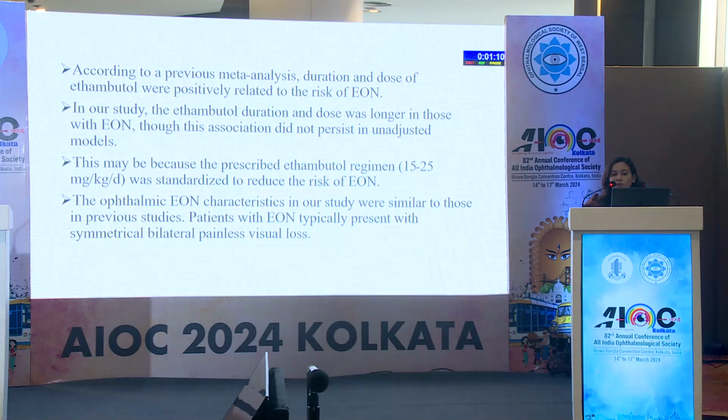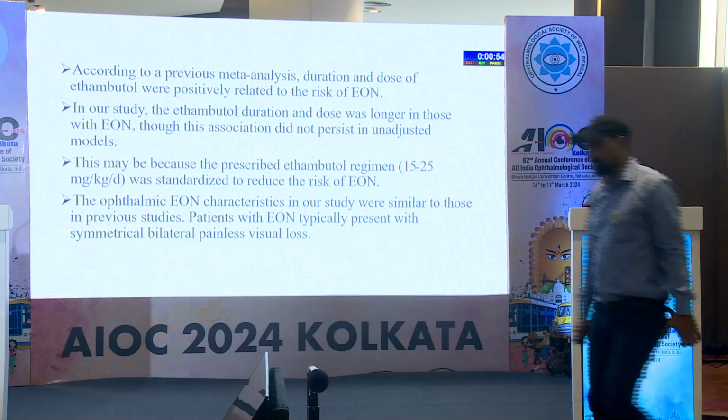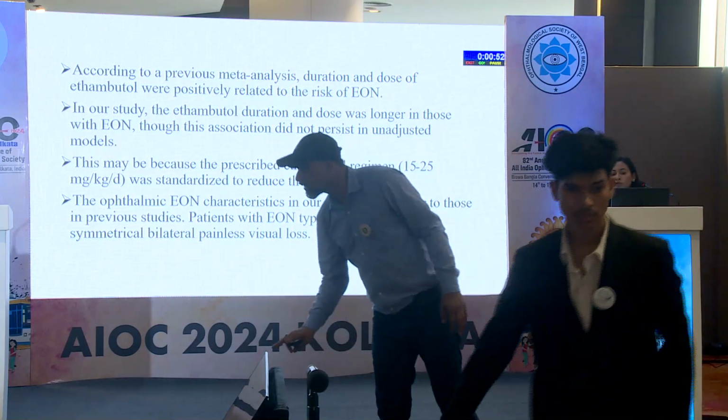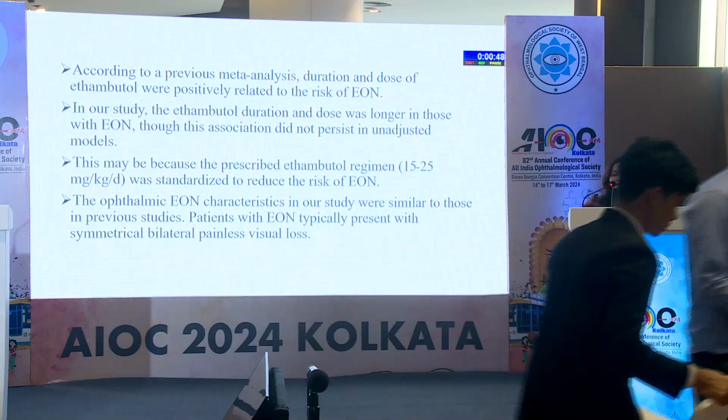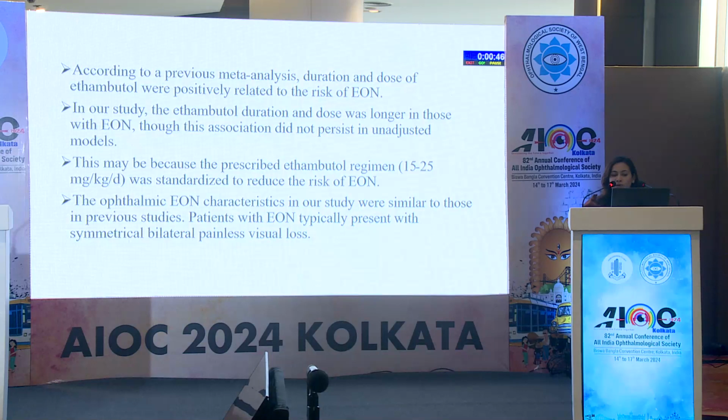According to a previous meta-analysis, duration and dose of ethambutol were correlated with the risk of ethambutol-induced optic neuropathy. Our study also suggested this, though the association did not persist in unadjusted models, which might be due to the prescribed ethambutol regimen of about 15 to 25 milligram per kg per day.